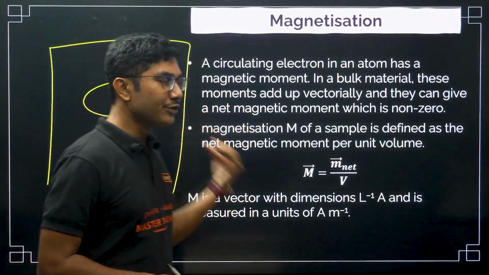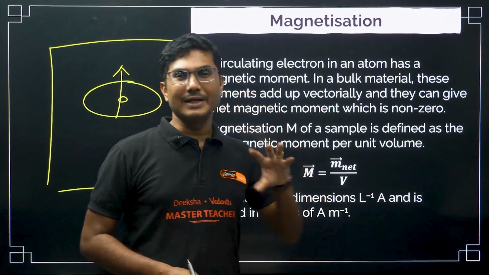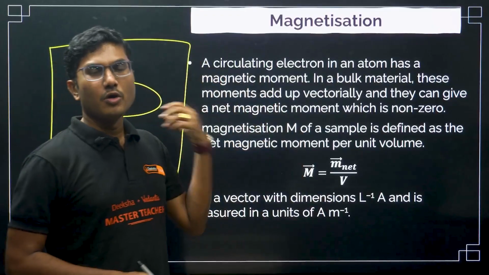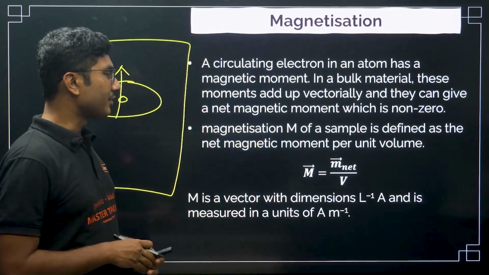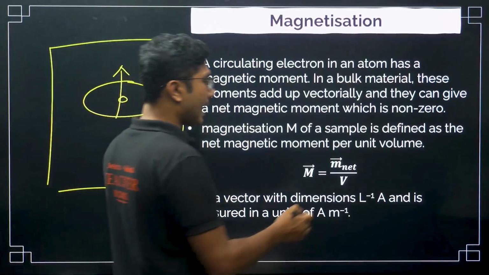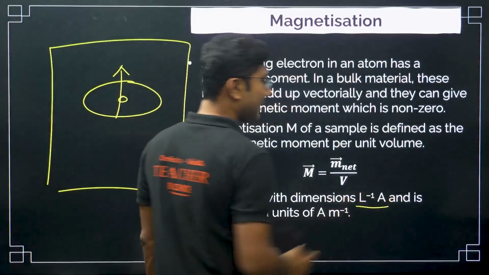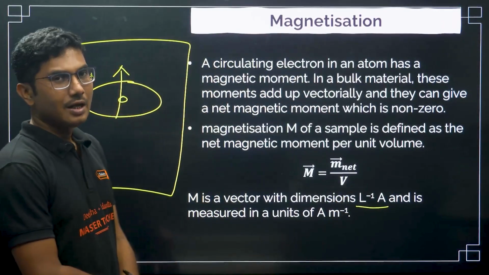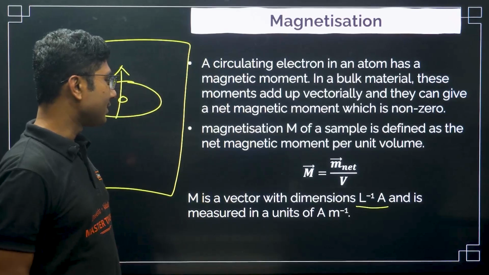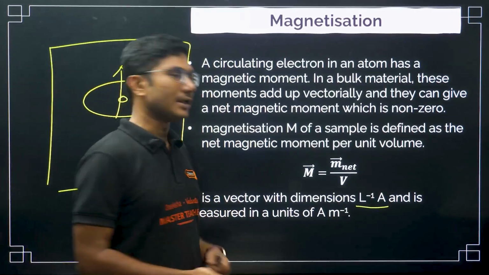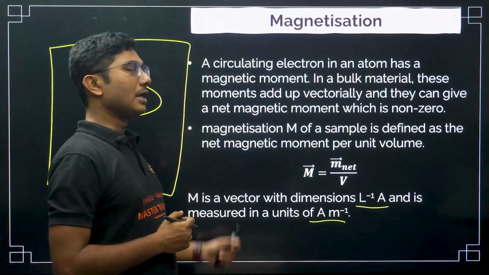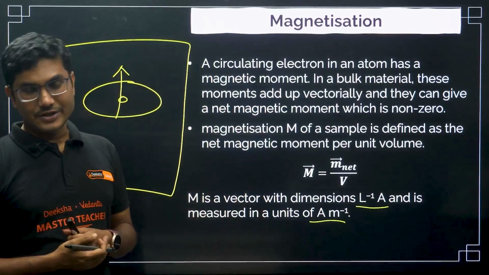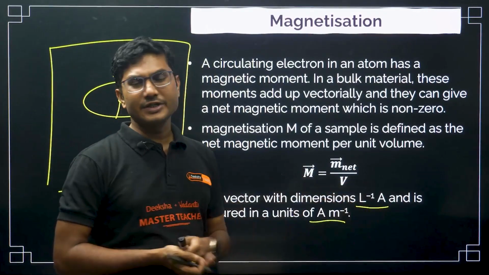If you take a unit volume, whatever is the magnetic dipole moment of that volume is called magnetization. M is a vector with dimensions L inverse A, and it is measured in the unit of ampere per meter. Very important point to remember: ampere per meter is the unit of magnetization and its dimension is L inverse A.